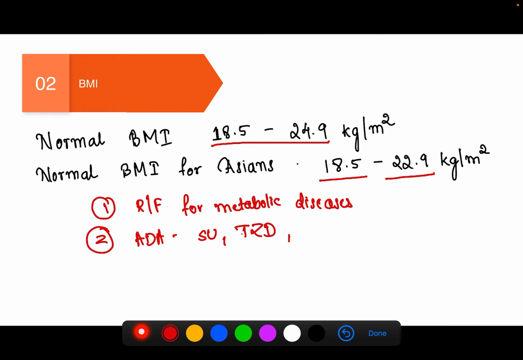Then third, very important, is the insulin. These three anti-diabetic medications can cause weight gain. So if any of your patient is on these medications, even then the monitoring of BMI becomes very, very important.